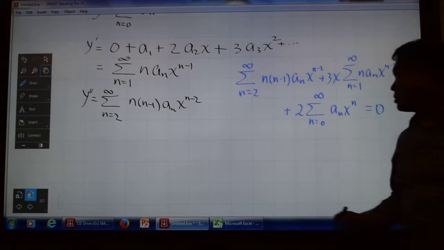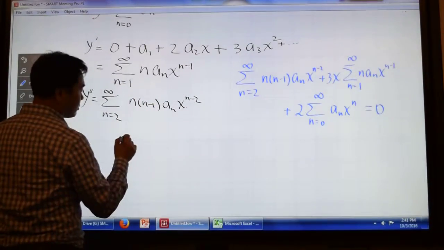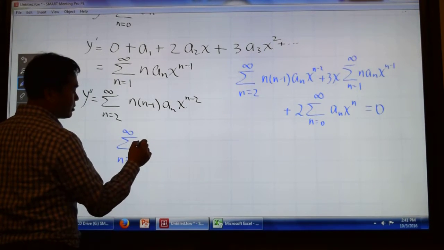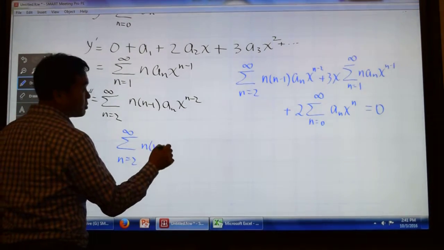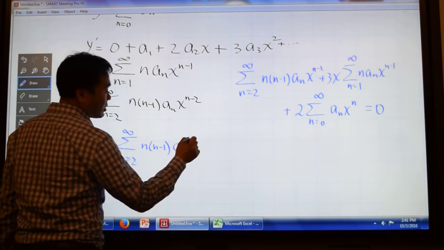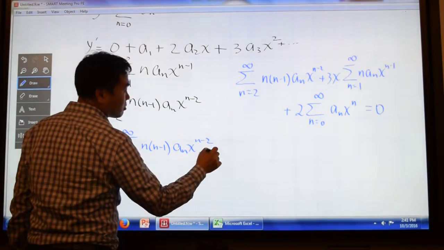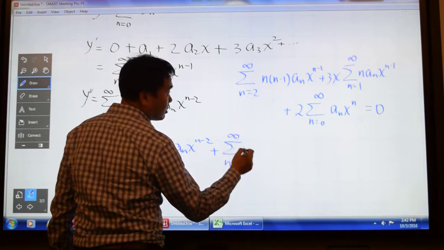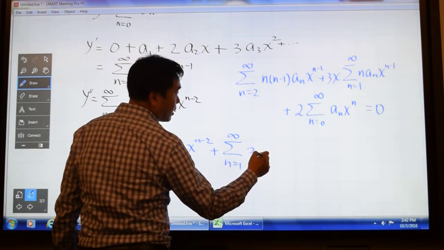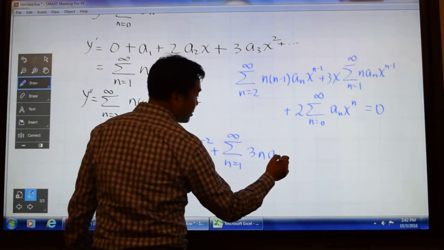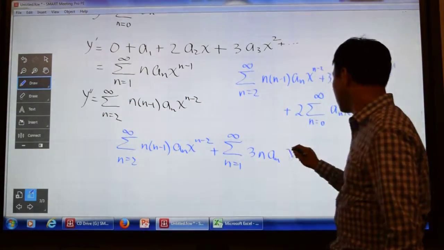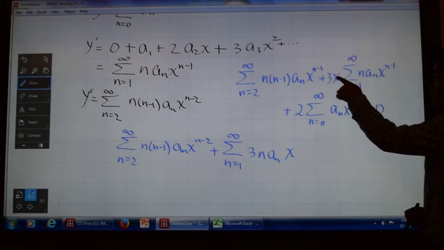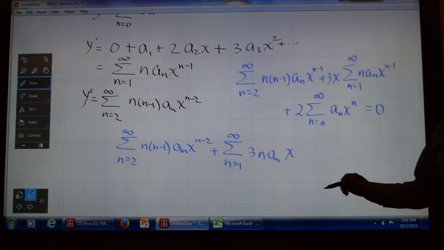Okay. So we have sigma n equals 2 to infinity, n times n minus 1, an x to the n minus 2, plus sigma n equals 1 through infinity, 3n an, and then this x times x to the n minus 1, what's that?